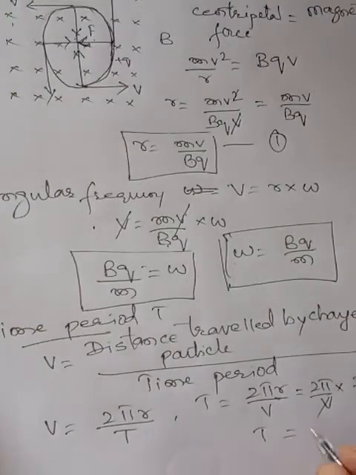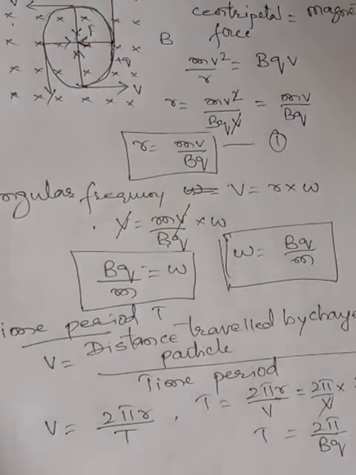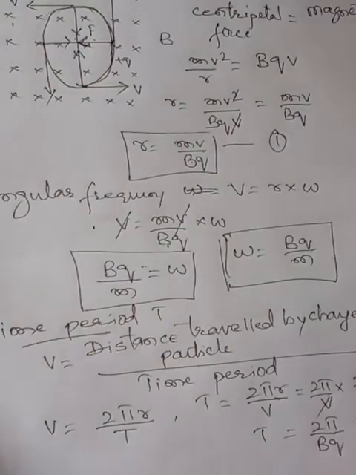So time period is equal to 2 pi m by Bq. Call this equation number 2.